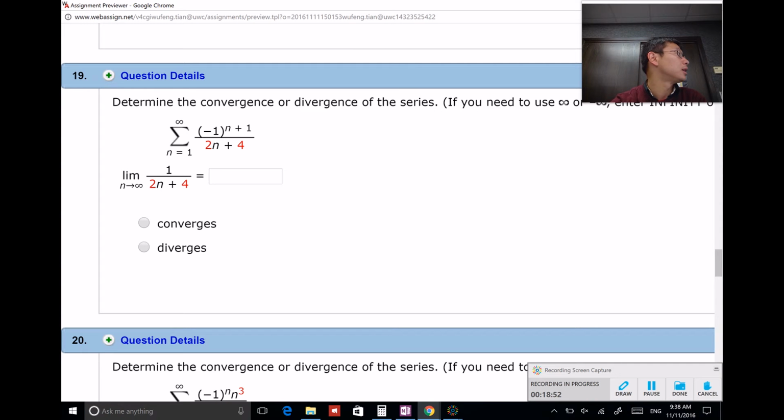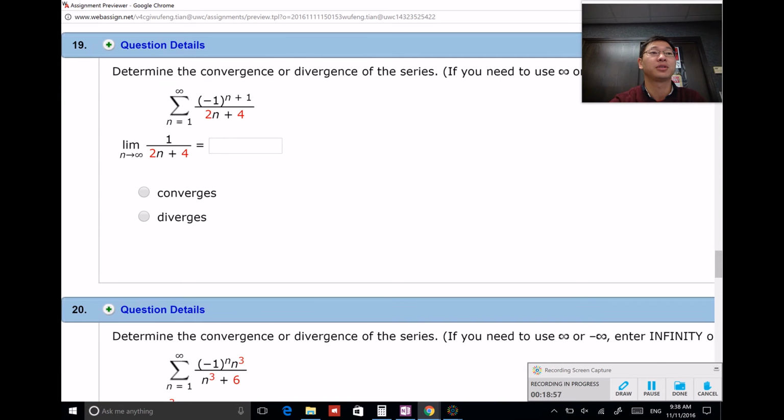Number 19, I'm going to call a student here. Zijian, could you please tell me if this one converges or diverges? Zijian. Does this one converge or diverge? It's an alternating series.